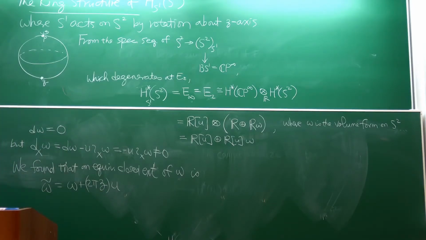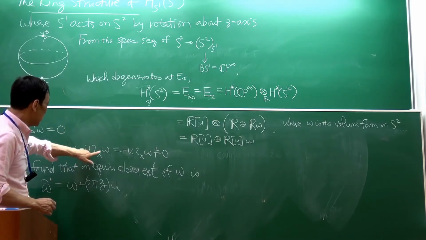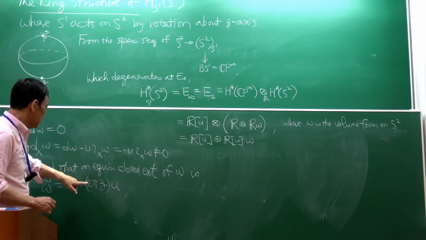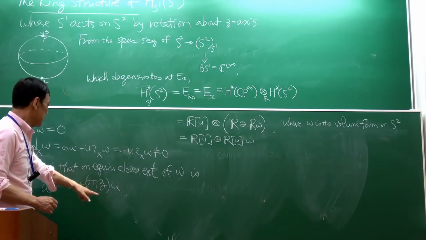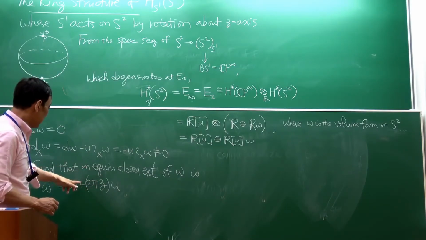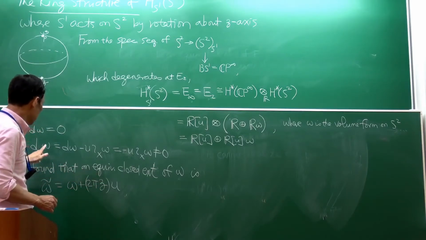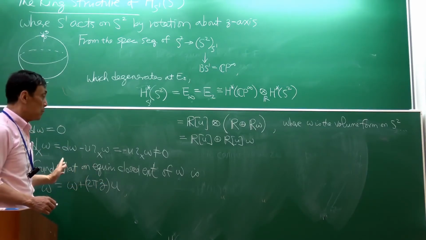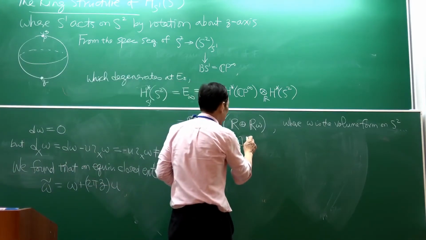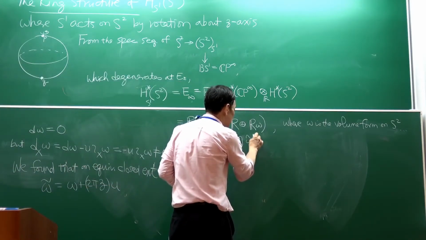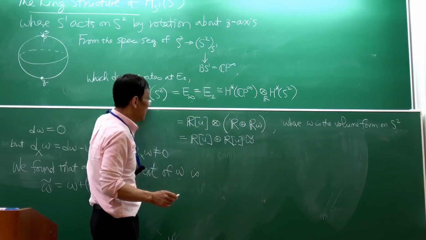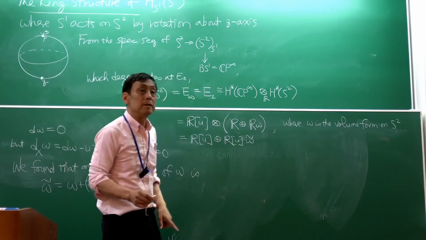Okay? Yeah, I think we worked out i_X omega and we found that it was 2 pi z. So if you add 2 pi z u to omega, then it will become equivariantly closed. Okay, so if you want to have a generator of equivariant cohomology, here you should use omega tilde.